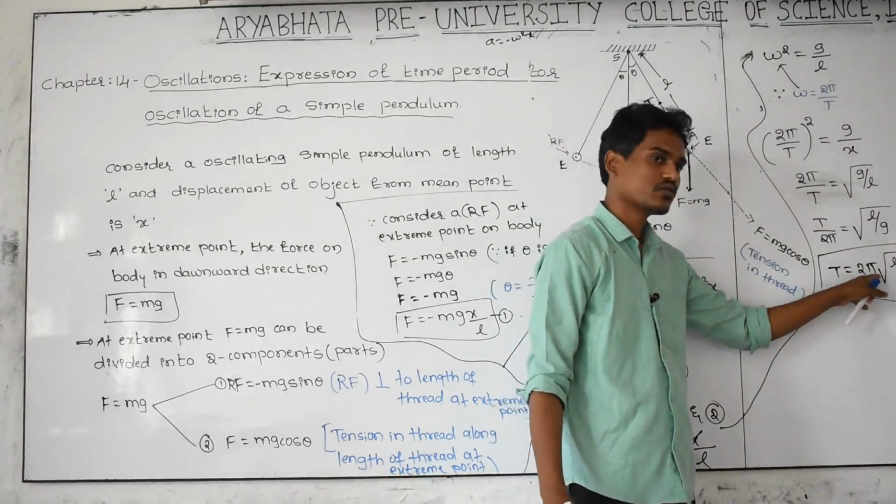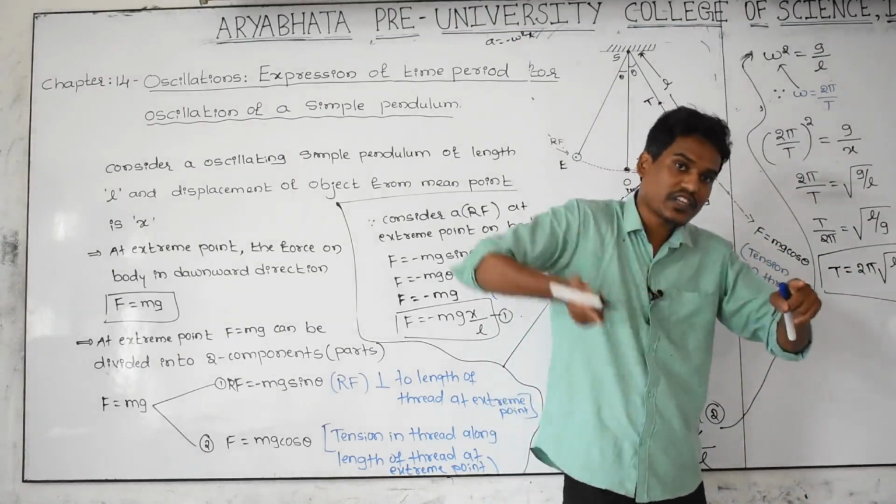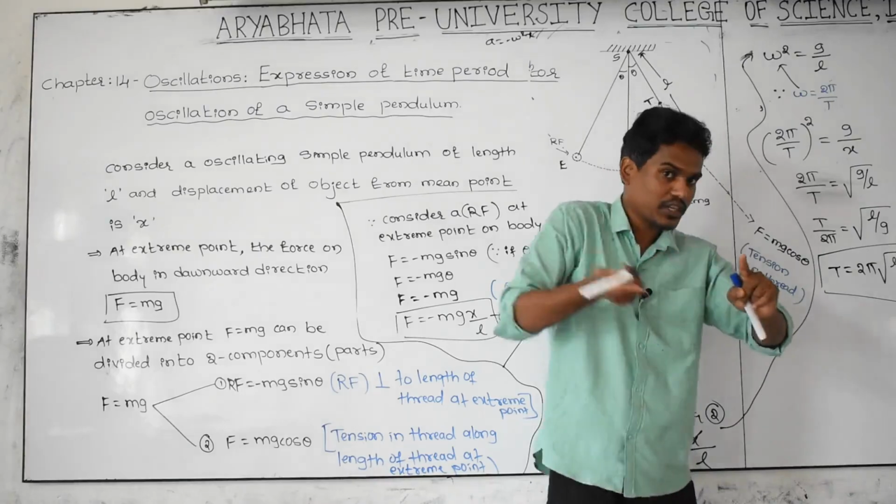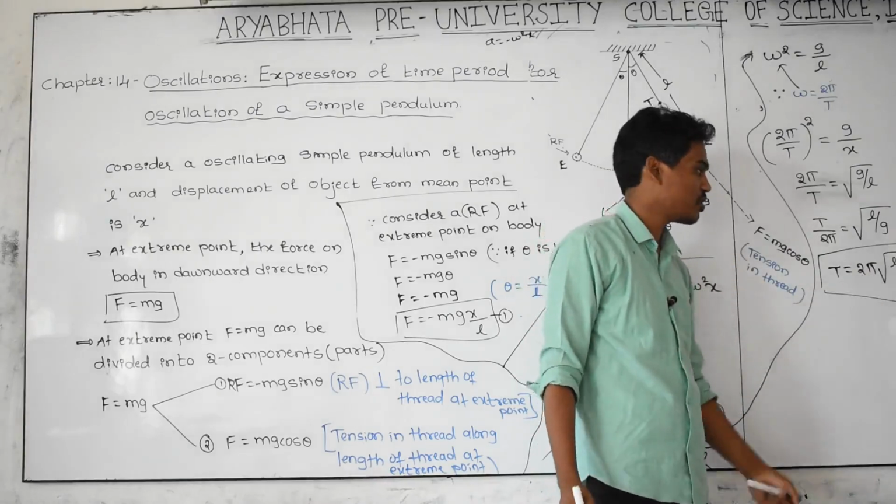2 pi is the angle for one complete cycle, which is always constant.